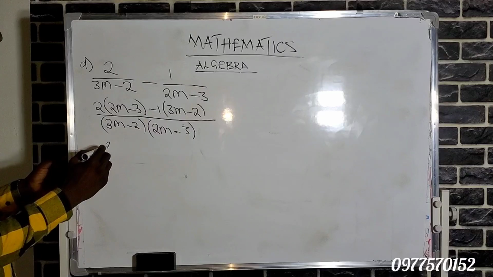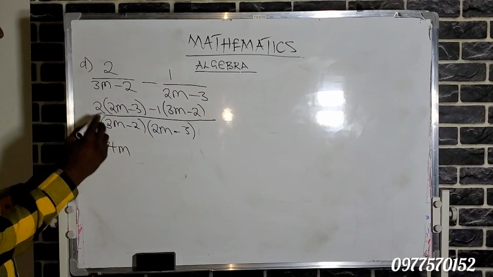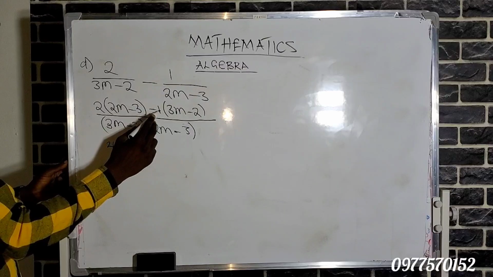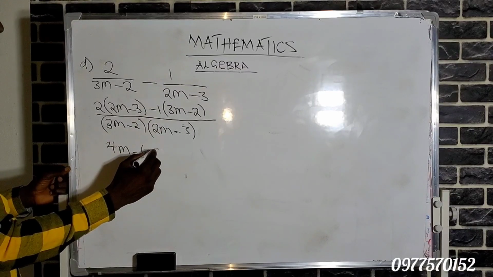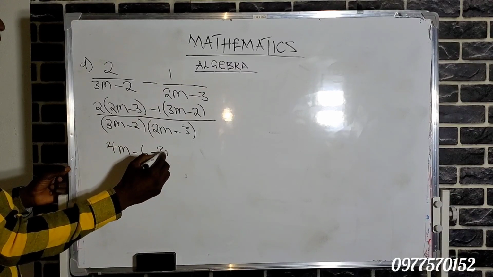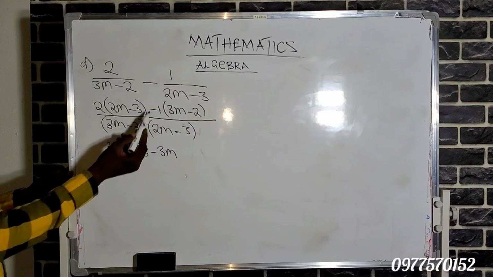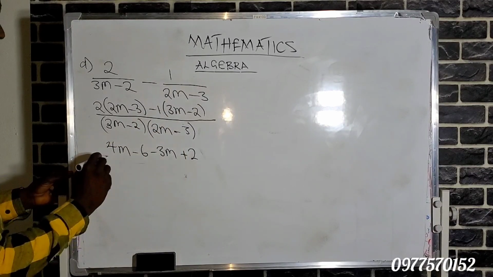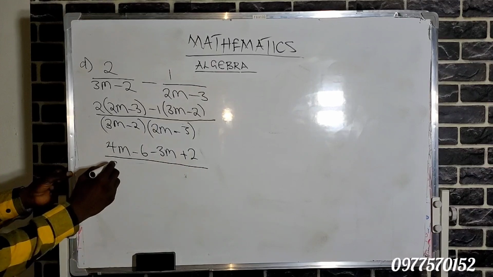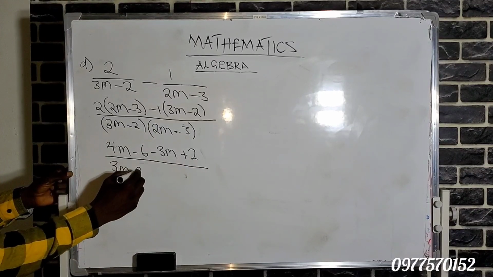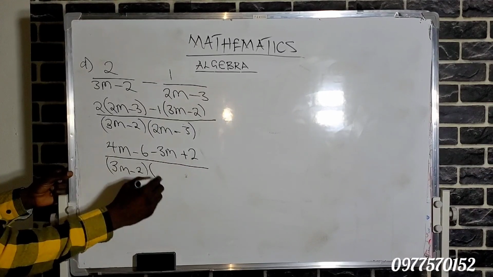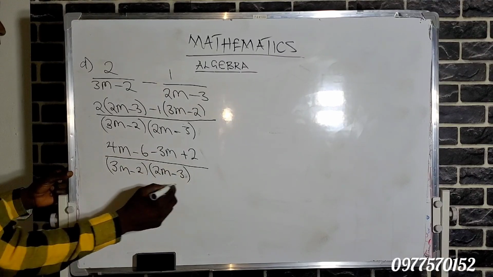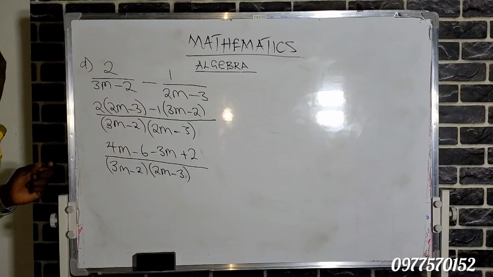2 times 2m is 4m. 2 times -3 is -6. -1 times 3m is -3m. -1 times -2 is +2. Then over the denominators, which are (3m - 2) and (2m - 3). And here we have like terms.